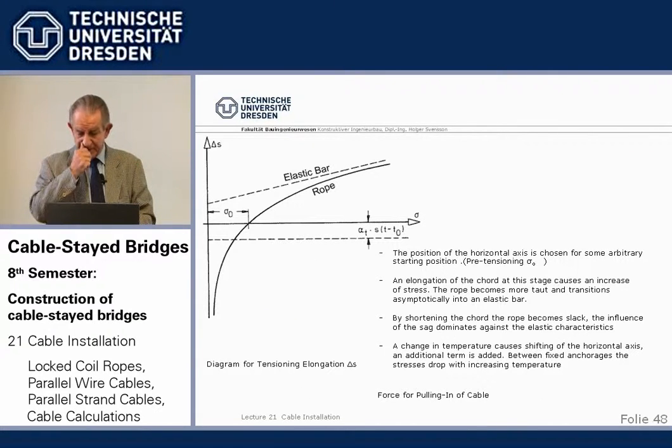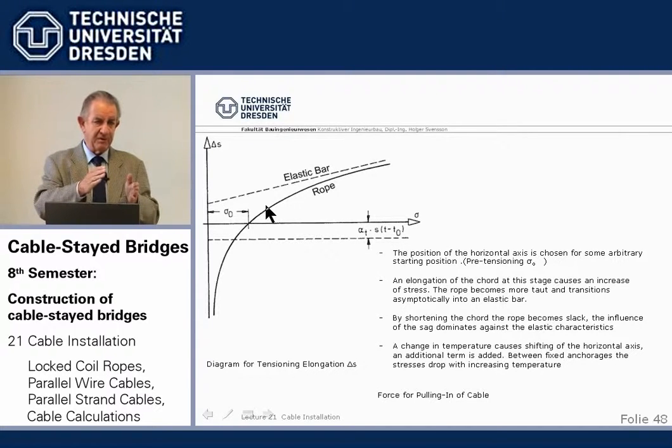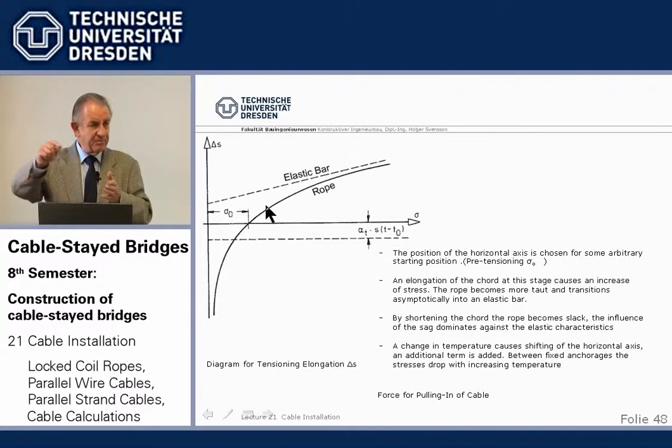Cable calculations, I'll do very briefly because in detail it's a little complicated. But the basic idea is that when we have a slack cable and we pull the same amount, say 10 centimeters of cable length, the force is much smaller than when we go on pulling and the cable becomes nearly taut, nearly straight.